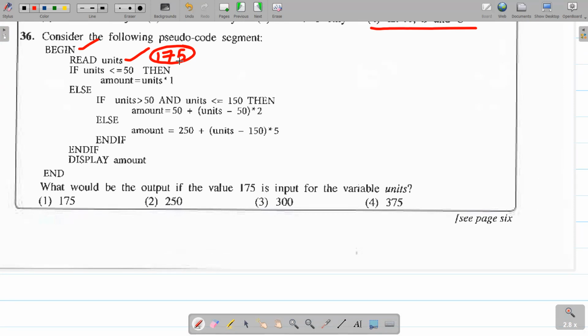And it says if units less than 50. Now units is 175, so it is not less than 50. It says amount equals units into 1, so the amount will be like 175 into 1.